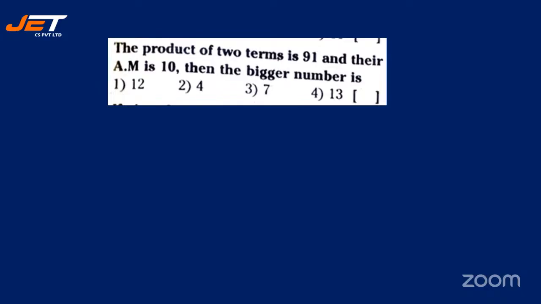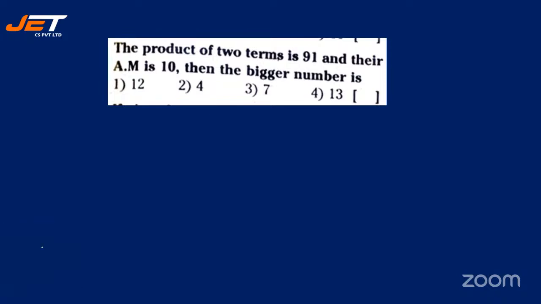So now let us consider A, B, C. We are going to consider A, comma, B, comma, C. They say that the product of two terms is 91. So let's take A into C is 91.